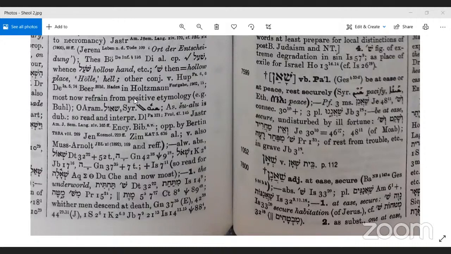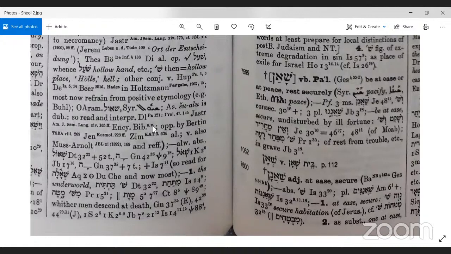The negative etymology would be the doctrine, the hellfire, etc. But I've been searching, and I haven't been able to find anything on positive etymology. But maybe we'll do it at the end of this again. So most, in other words, most are not telling the truth. They're telling you a lie about doctrine. Right. Exactly. And this is a lexicon.